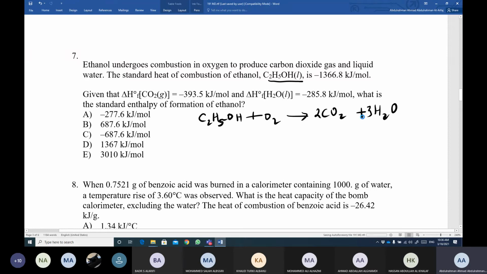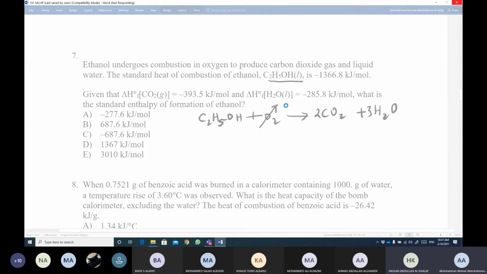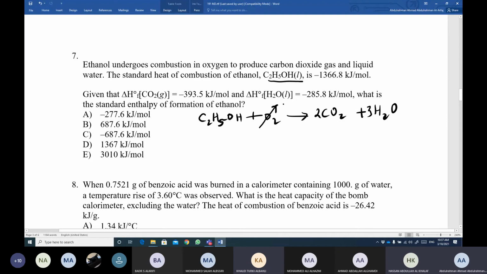Of course, oxygen, I don't care about it. If you notice, we have 2CO2 plus 3H2O. And this one, I don't care about balancing it. Why? Because the delta HF for it is 0, and when I calculate the heat of formation, it will not count.